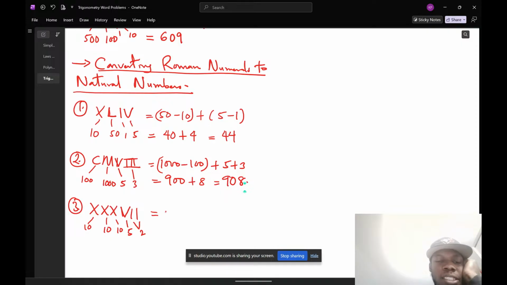So now we write it as 10 plus 10 plus 10 plus 5 plus 2. 10 plus 10 is 20, 20 plus 10 is 30, 30 plus 5 is 35, 35 plus 2 is 37. So that will be equal to 37. All right, so that's the answer for this one.